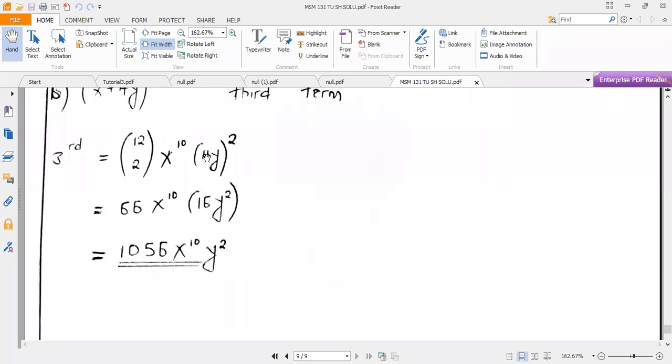X to the 10, then 4 to the 2 is 16, y to the 2. So 16 times 66 is 1056, x to the 10, y to the 2. So for x plus 4y to the 12, the third term is 1056 x to the 10, y to the 2.